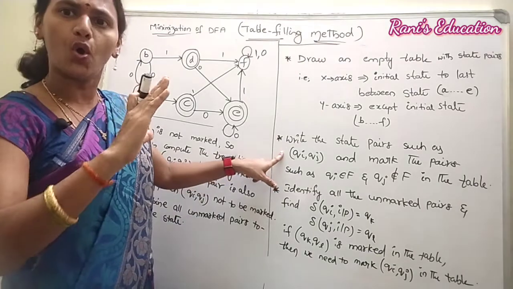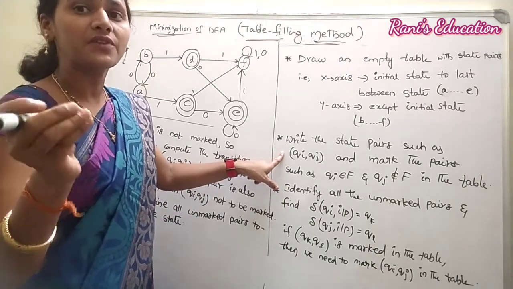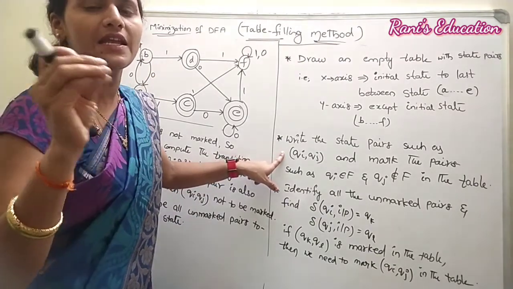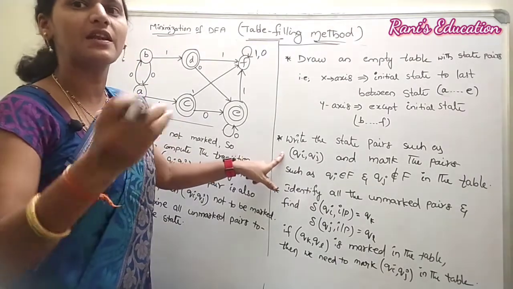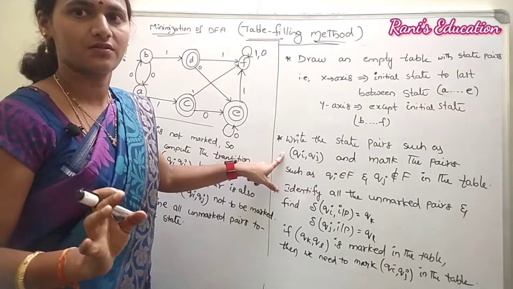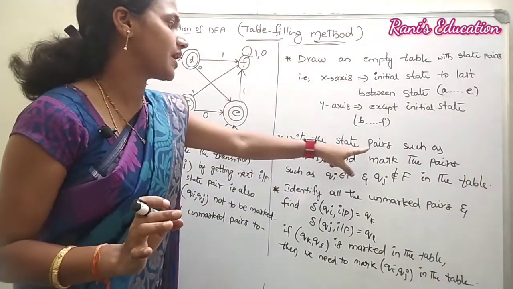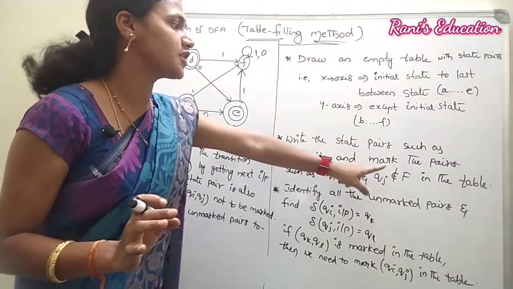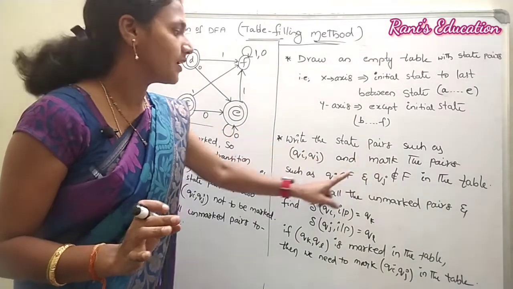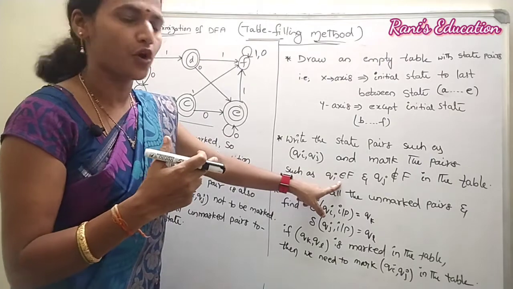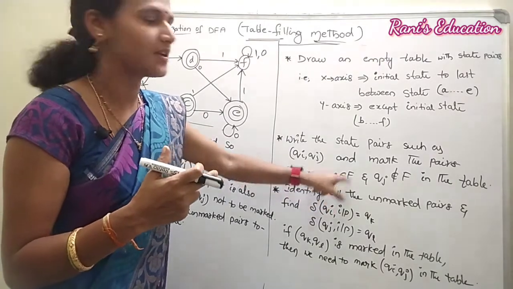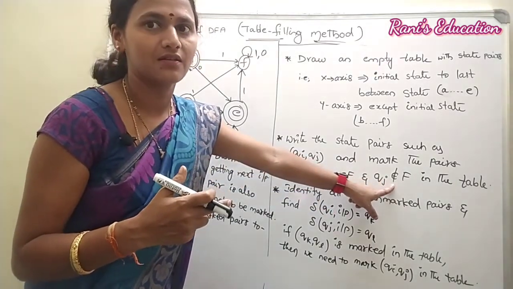We need to write all the state pairs, but which do not contain any replicated data, which do not contain repeated state pairs in reverse. Then we need to mark the pairs in the table, the pairs in the form where one is a final state and another one is a non-final state.